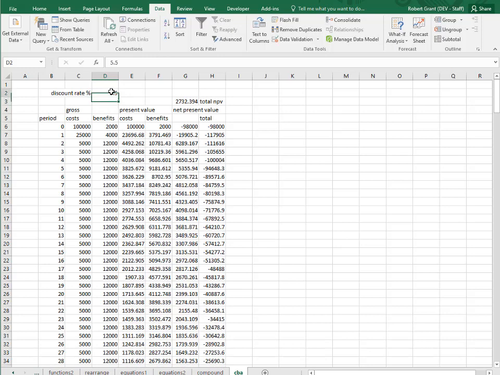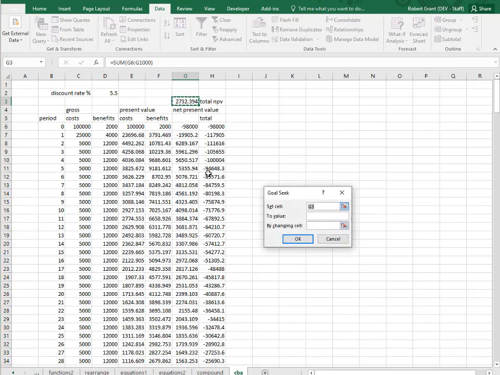Yeah. So you can do it by trial and error, or you can use something which is on the data tab here, which I've already brought up actually, under waterfall analysis. This is very useful. You basically click on the thing that you're trying to set, and using something called goal seek, you can say, okay, I want this cell to be equal to whatever value, so we'll have a 0, and I want to change this cell to the necessary value.